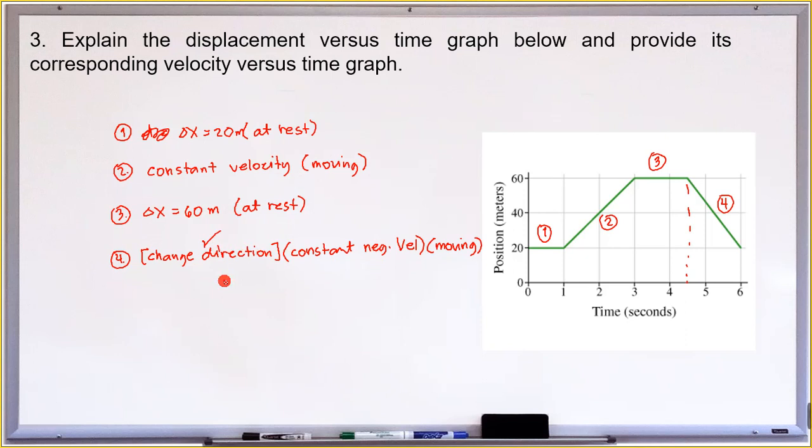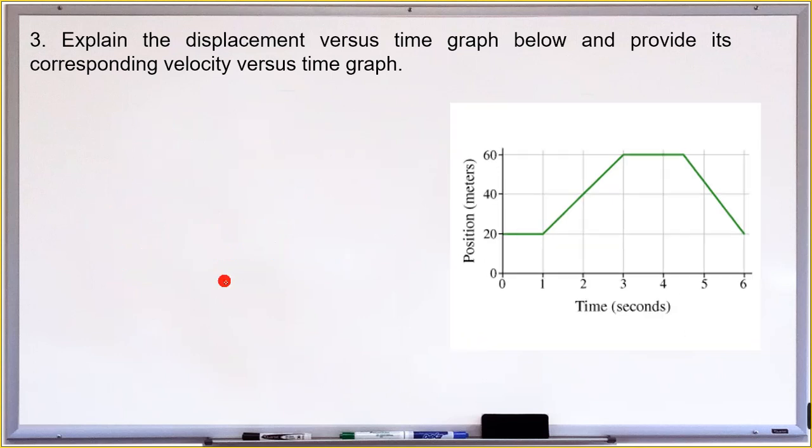Okay? So, this is how we're going to interpret the position time graph. Next nato is provide daw corresponding velocity versus time graph. So, this is position time graph. Bago ta mohatag og interpretation sa velocity niya, that is meter per second, tapos, we have time that is in seconds.